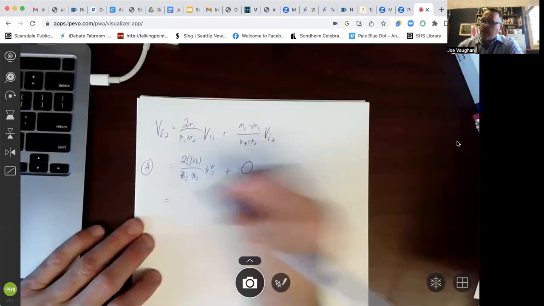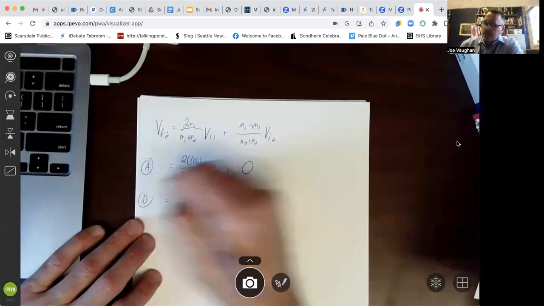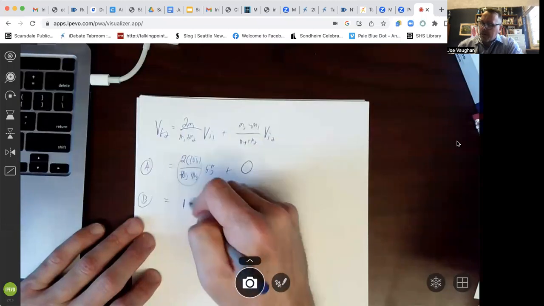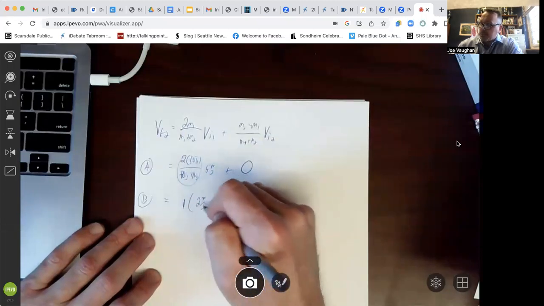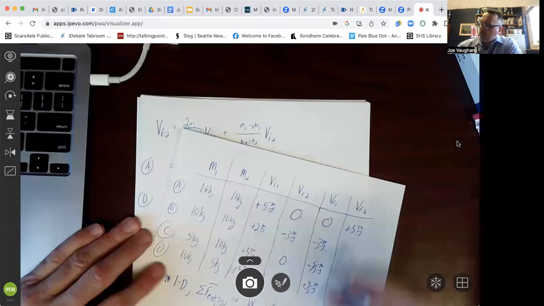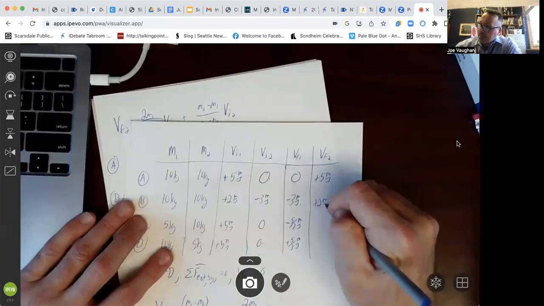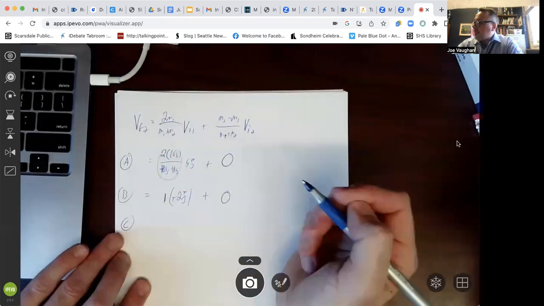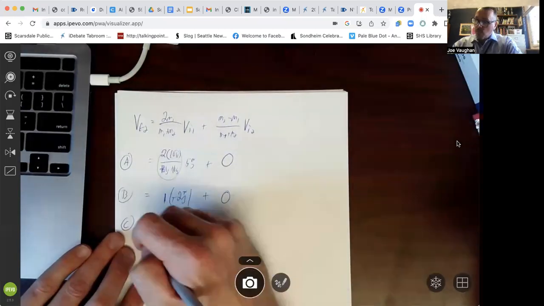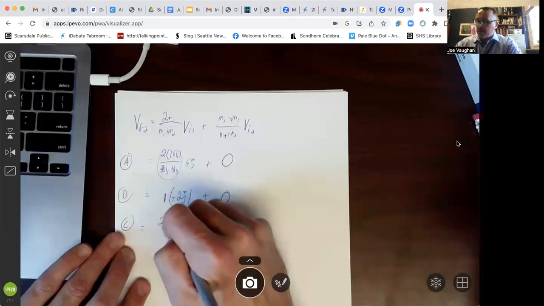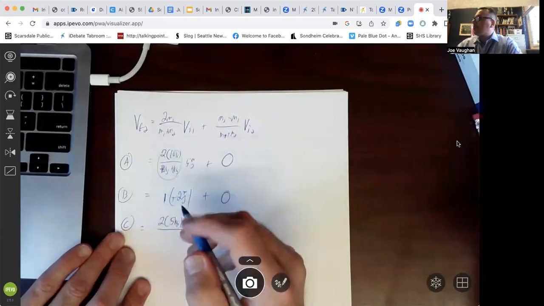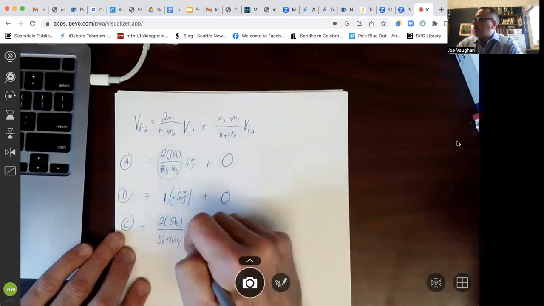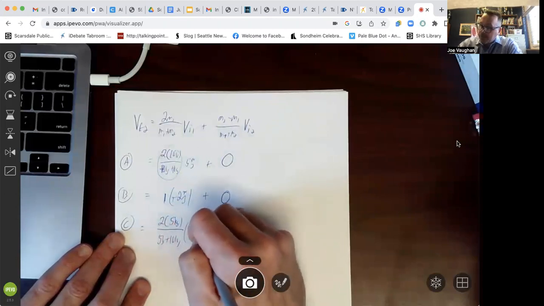For the second one, the B, it's still going to zero out on this side. That's going to be identical, and that is 1. So this just is 2 meters per second positive. So there we go, plus 2 meters per second. And then for the C, I know VI1, so 2 times 5 kilograms over 5 kilograms plus 10 kilograms times VI1, which is 5 meters per second.